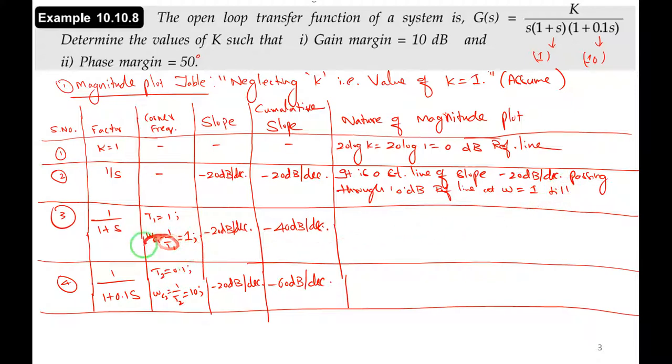Here it is 1 only. Luckily it is matching, till omega c1, corner frequency equal to 1 radians per second.